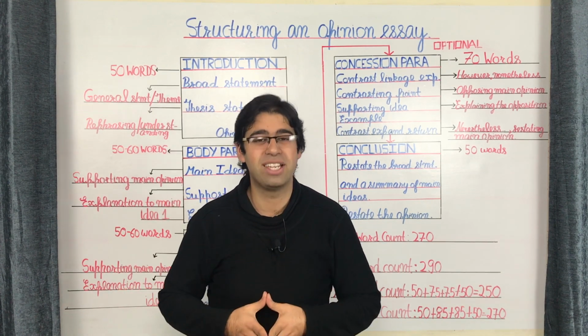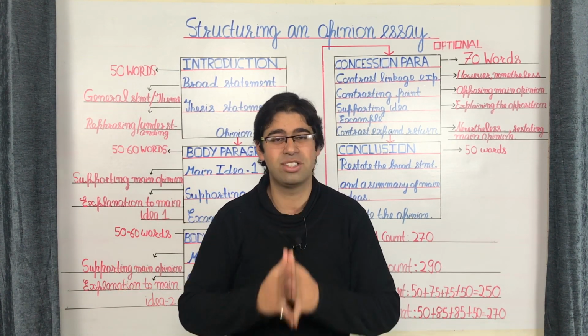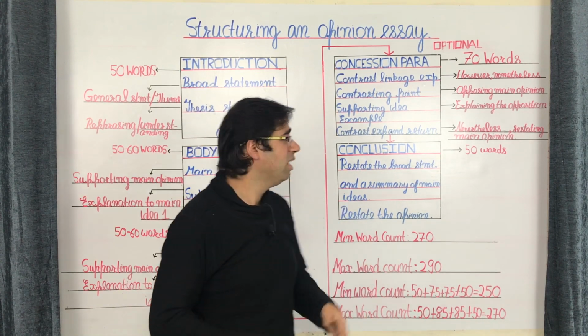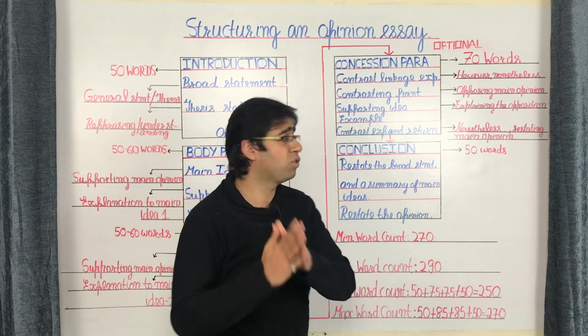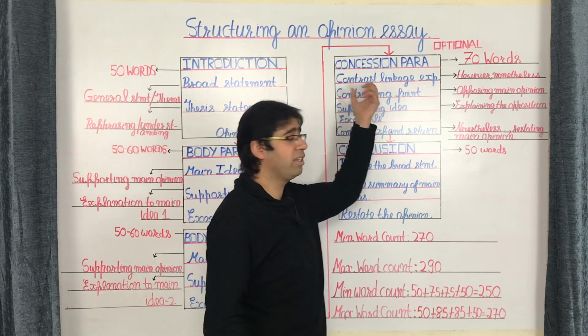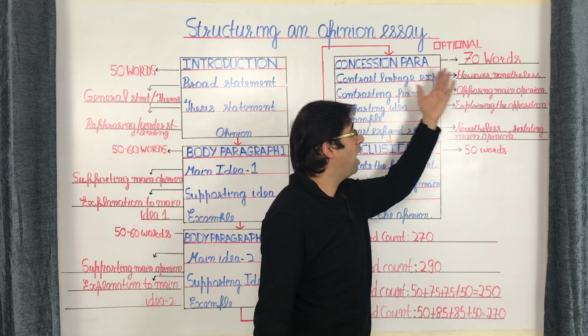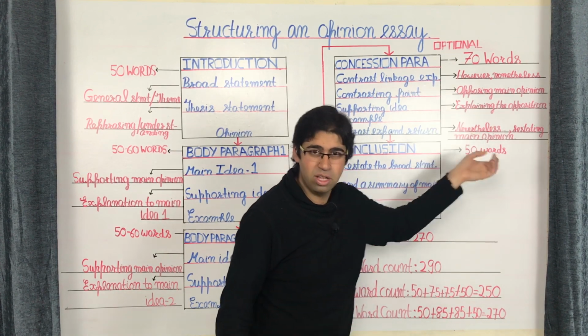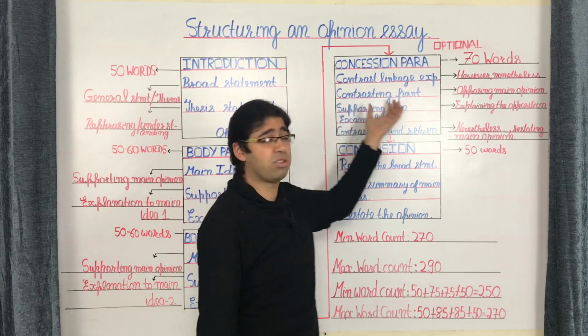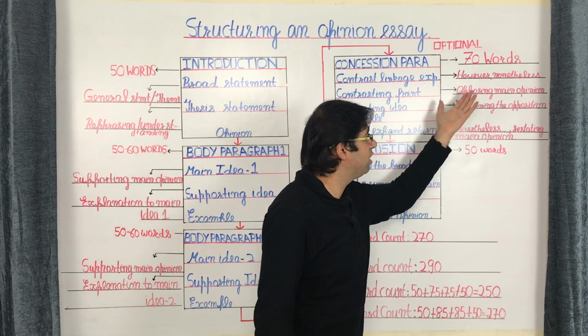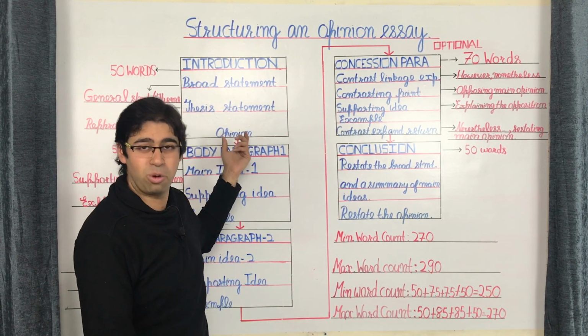Now, before proceeding to the example, let's first consider the structure of a concession paragraph. Since we're going to digress from the opinion that we've held so far, we're going to begin this paragraph with a contrasting linking expression such as however, nonetheless, and so on. You're going to follow that contrasting expression with your contrasting point, which is the point opposing the main opinion as presented over here.